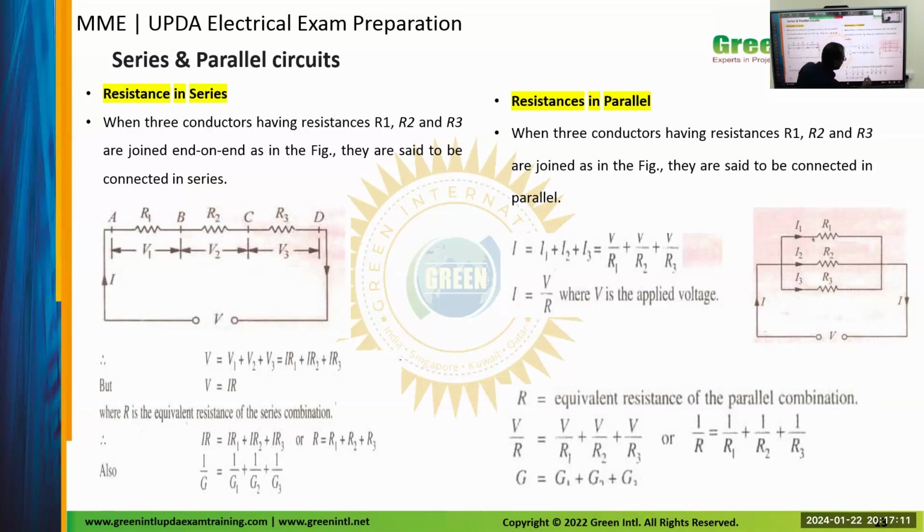So this way we are equating. To calculate the total resistance in the series circuit, this is the formula.